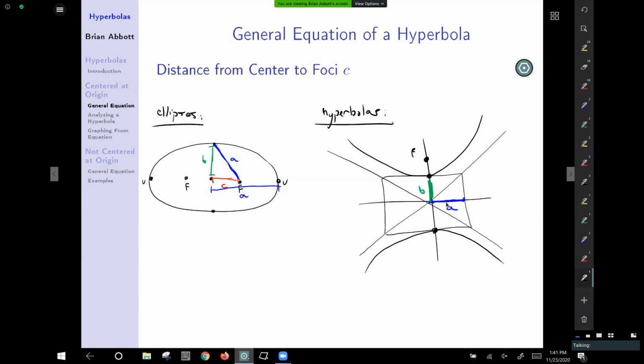And that distance we draw in red, always from the center to the focus, is this red distance. But that's the same distance between these minor vertices. Well, minor vertices is not the right term here because it only has two. But you could imagine this point right over here as an unconnected minor vertex. Well, the point is you've got yourself a right triangle that you can use the Pythagorean theorem on. And with hyperbolas, you always have this standard Pythagorean theorem lettering, whereas with ellipses you will not.